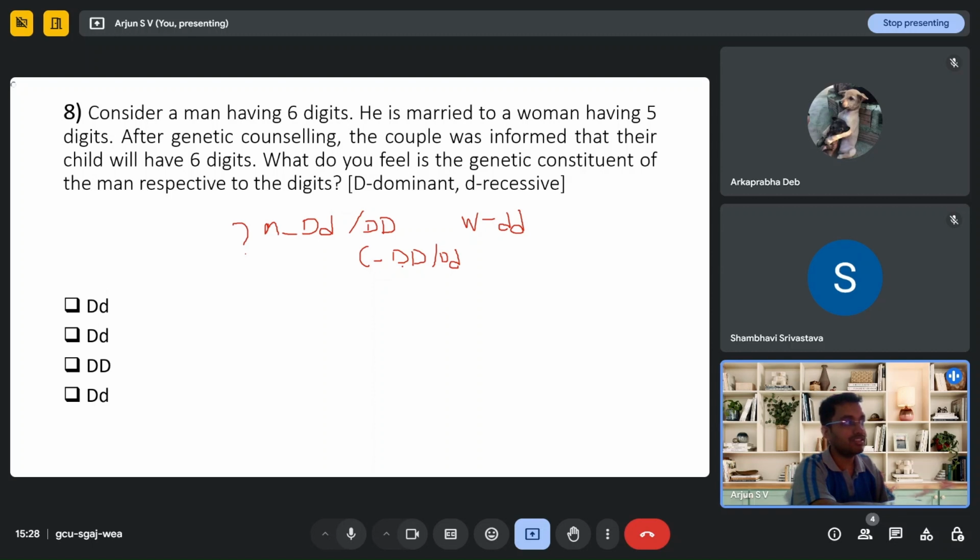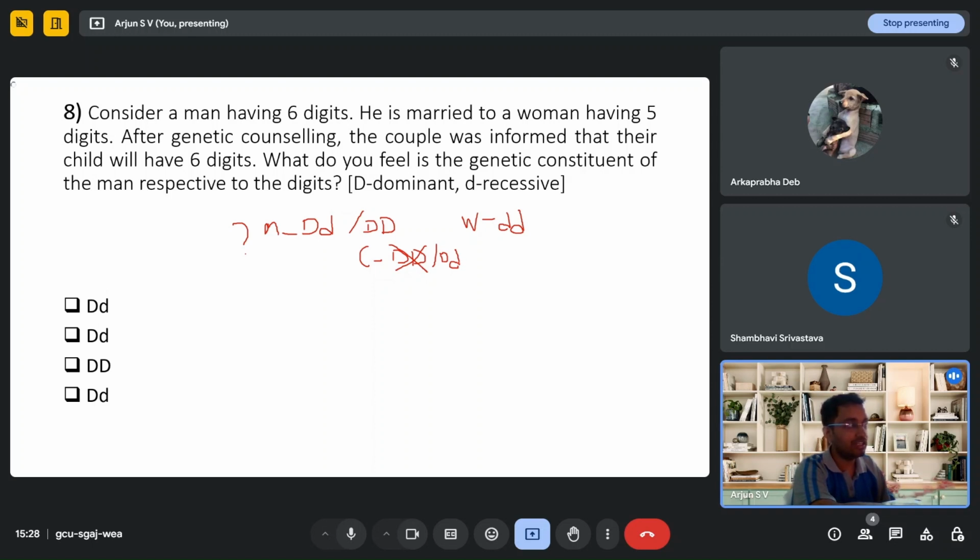So from the woman's data and from the child's data we know that the child's genotype should be capital D small d, because the woman doesn't have any dominant allele.